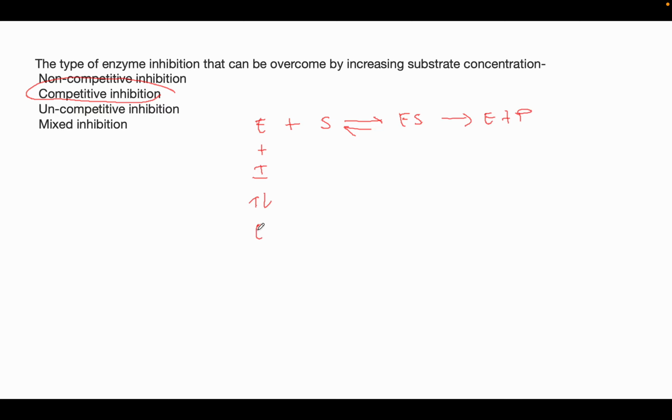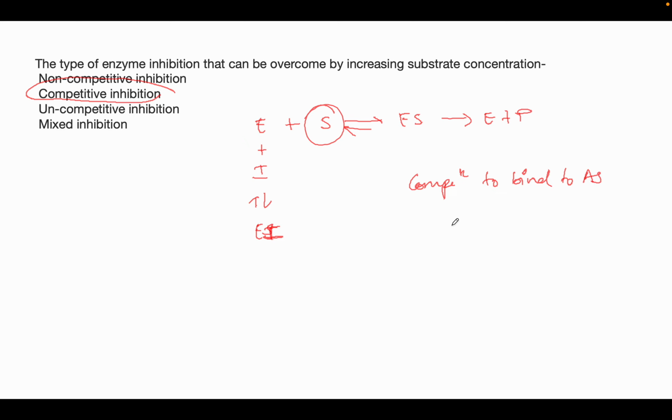Okay, it will bind to the enzyme active site. Okay, and that active site will be competed by the substrate also. So there will be competition to bind to the active site.